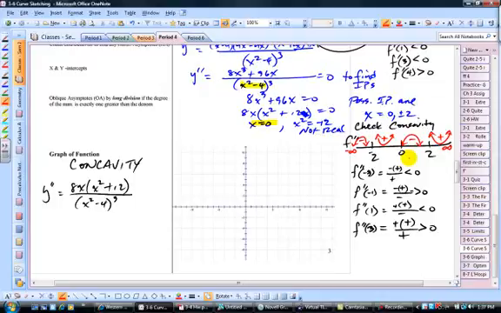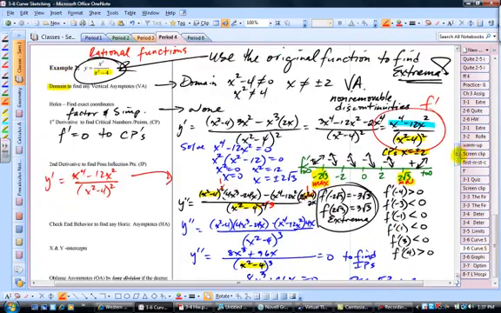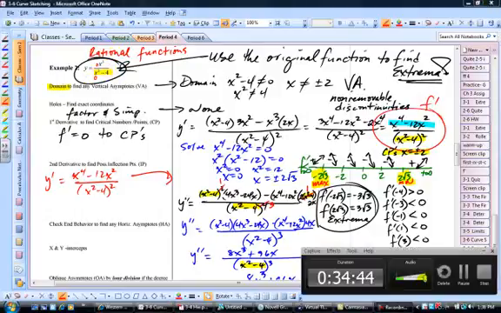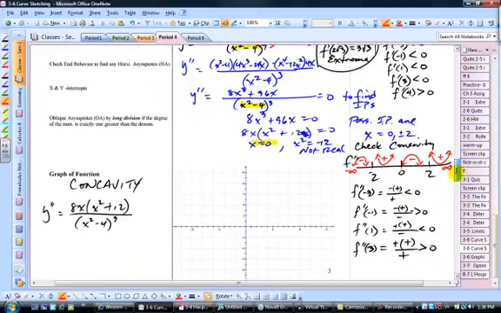And then what we want to do is find any x and y intercepts. So I know that when x is 0, I put 0 in right here and right here, I get 0 divided by 0 minus 4, and that's 0. So when x is 0, y is 0. So I know it goes through the origin.